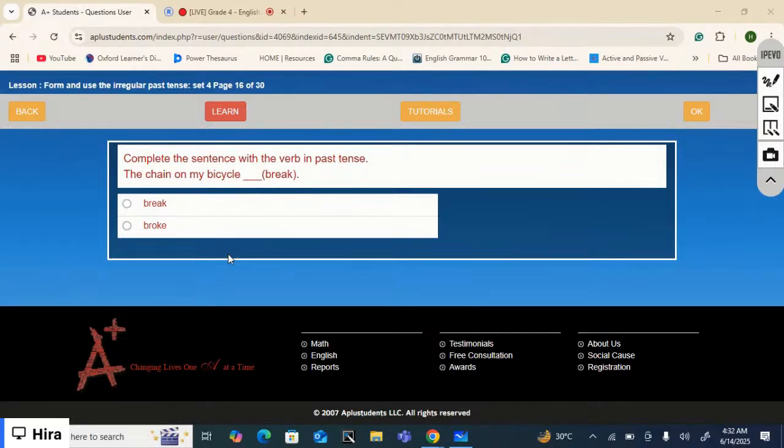Which one? Well, the chain on my bicycle broke. As you have guessed, it is the irregular past tense of break.